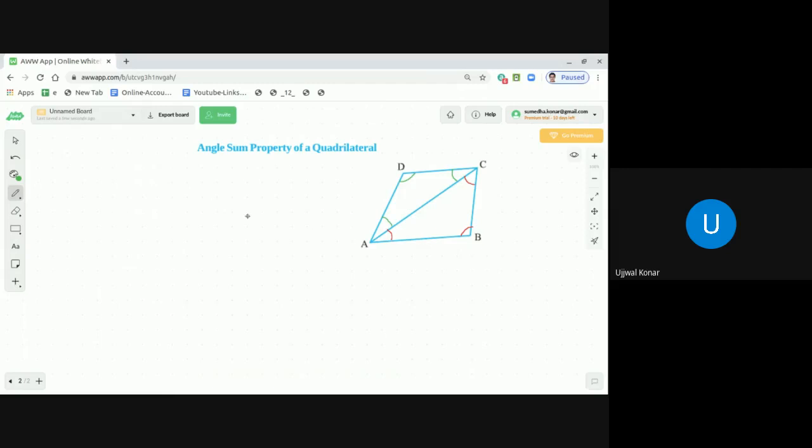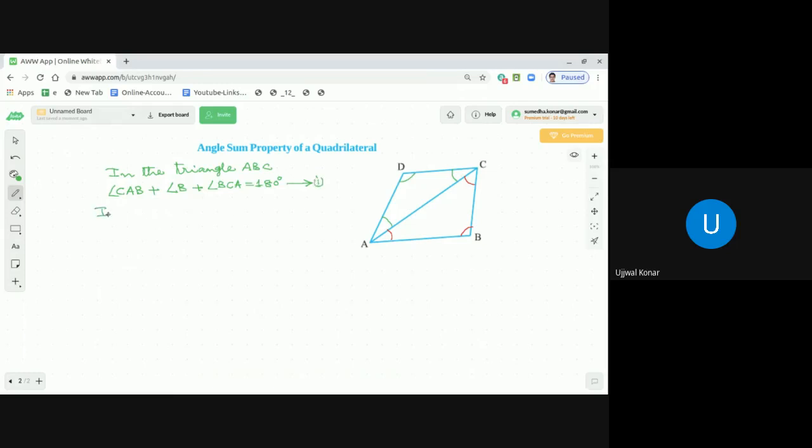Suppose in the triangle ABC, what you know is that angle CAB plus angle B plus angle BCA is equal to 180 degrees, and that I give as equation 1.